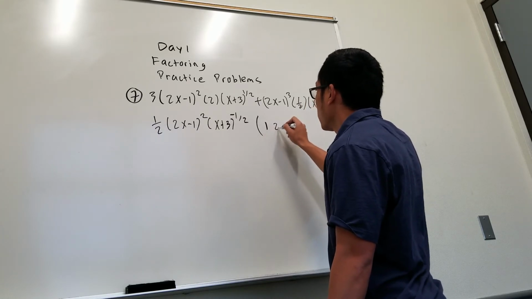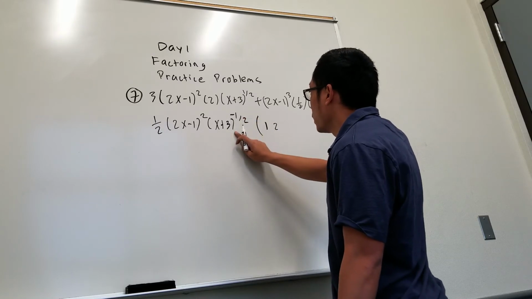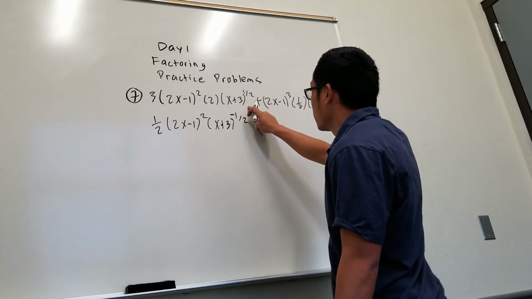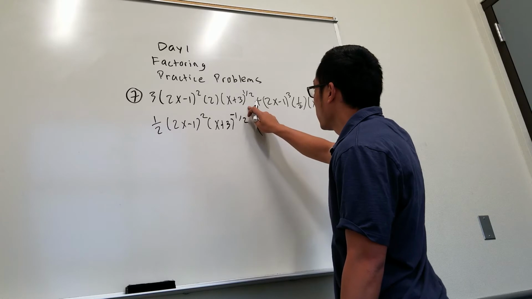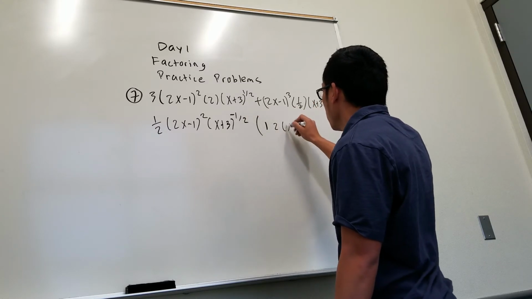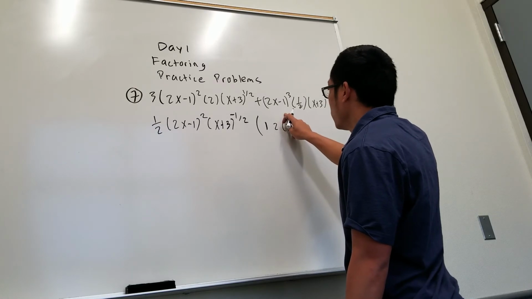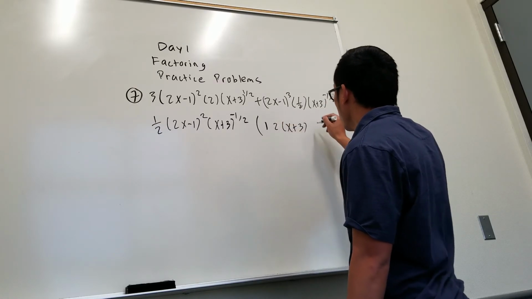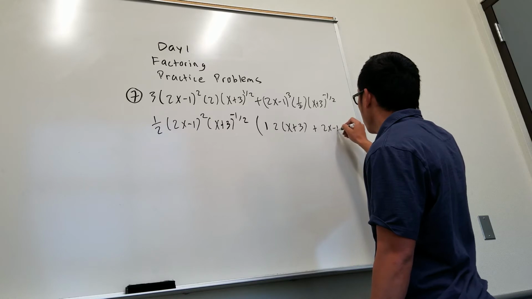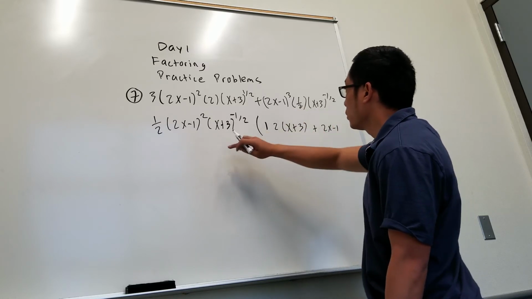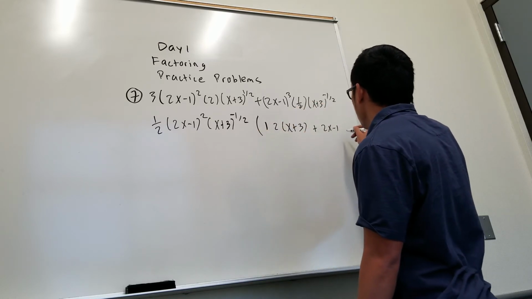We took out negative 1/2 from x plus 3 to the 1/2, so we have to add 1/2 to this. So this is x plus 3. And here we took out the square, so we have 1 left. You have 2x minus 1, and then we took out the 1/2 and the x plus 3 to the negative 1/2, and that's it.